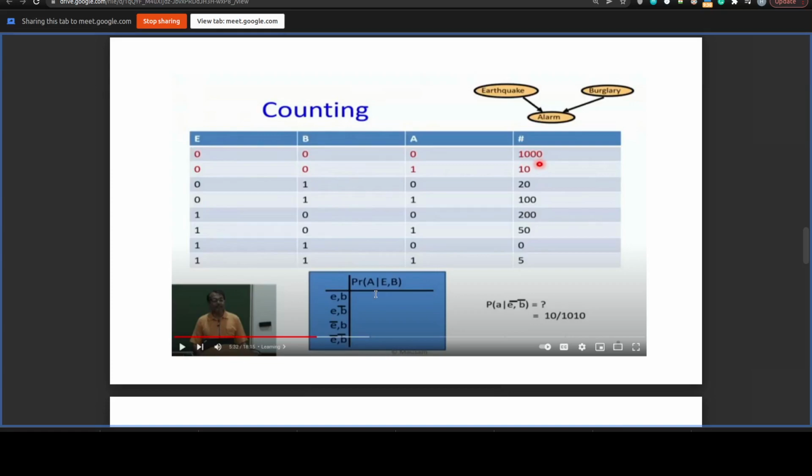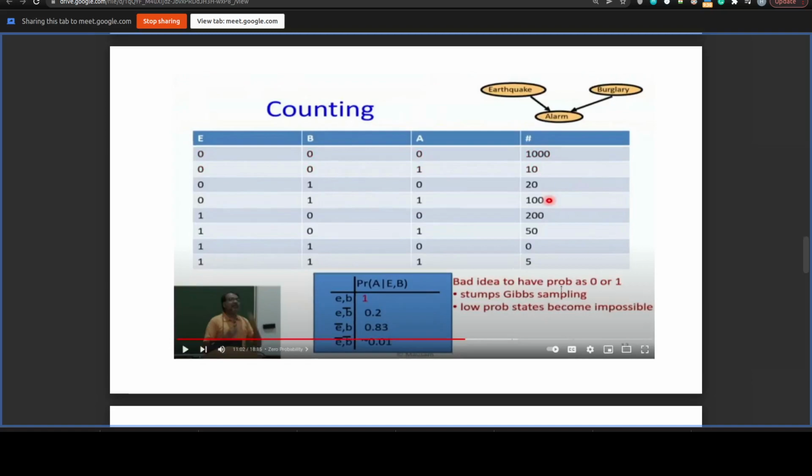So the issue becomes that the probability in some cases can be, let's say, 0, because you have observed a certain event happening for only a certain amount of time, right? You have not observed for a long time. So let's say you think about the possibility of a burglary in your house, right?